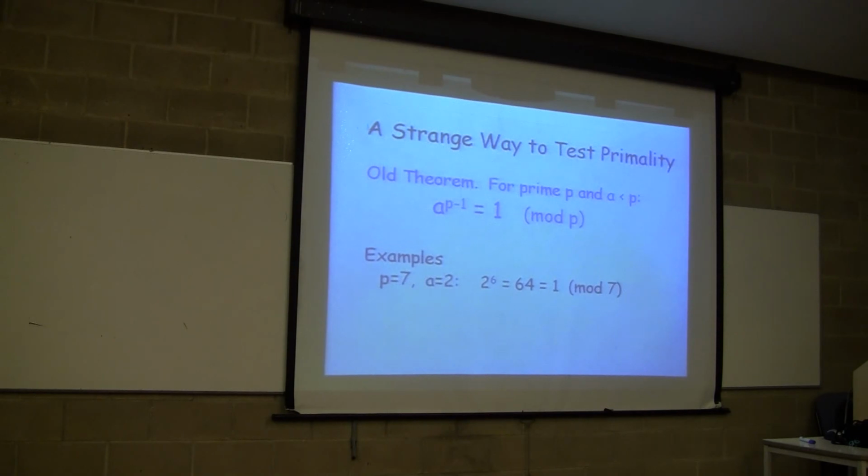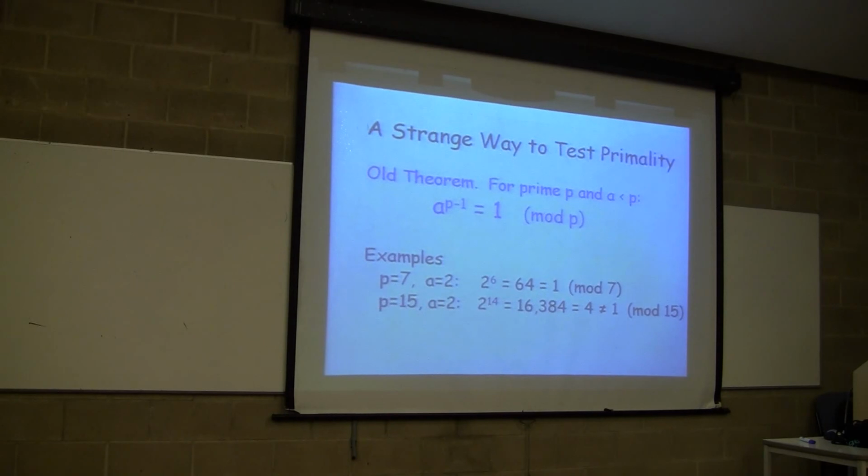You might think, big deal, but it's kind of amazing that this works if you actually try it out in a bunch of examples. In contrast, if you try an example where P is not prime, you'll see it fails to work. If you take P equal to 15 and A equal to 2, then you raise 2 to the 14th power. You get 16,384, and you divide by 15.